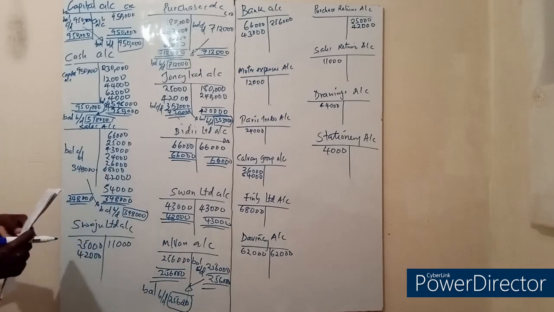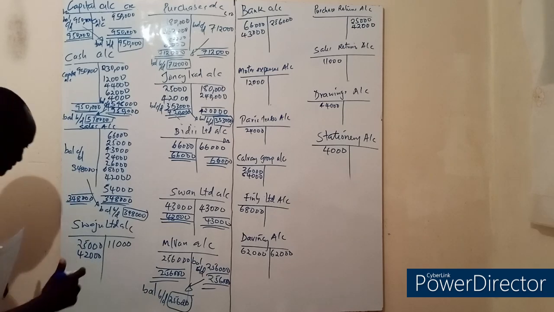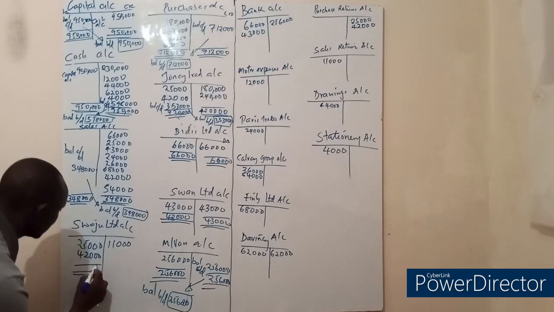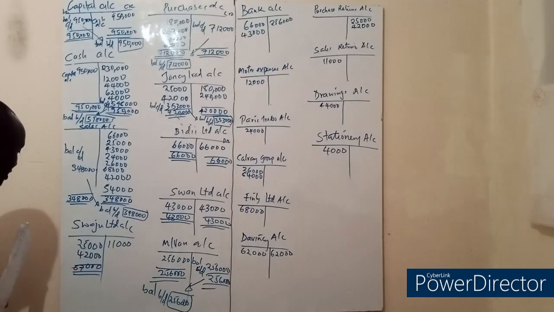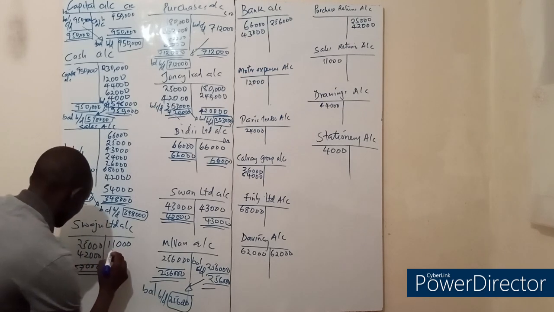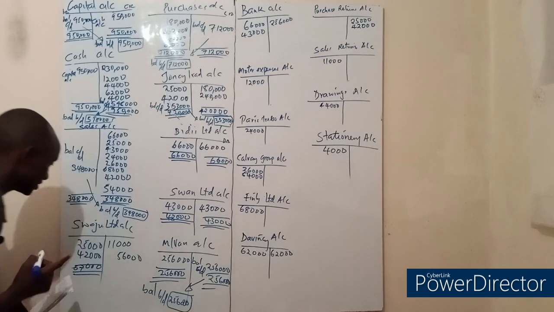Swaju Limited totals to 67,000, meaning that this side is less than 67,000, right?